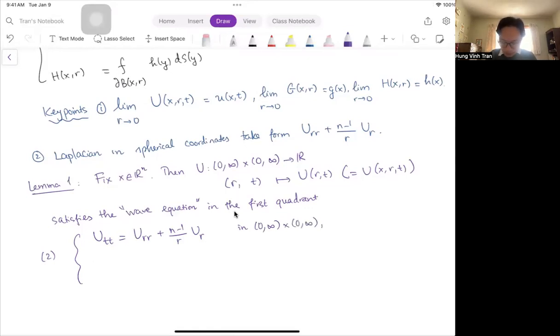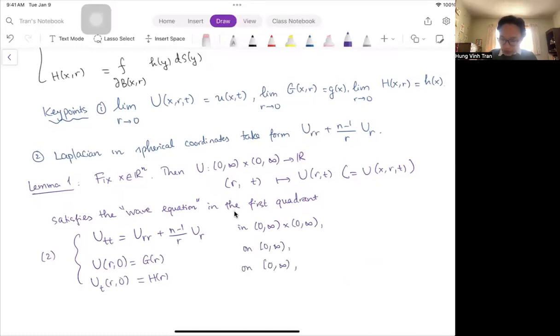And we would have that u(r,0) equals g(r), and u_t(r,0) equals h(r) on (0, infinity).